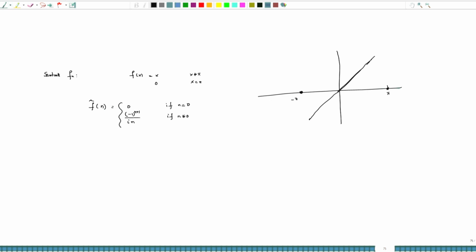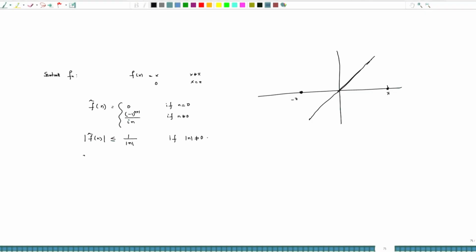So, as you can see, the modulus of f hat of n is less than or equal to 1 over mod n if mod n is not equal to 0. We have the decay condition that we impose along with continuity, because continuity plus decay gives convergence. Now, here we have a decay condition, but it is not continuous at pi or minus pi. Then what can we say about the convergence?